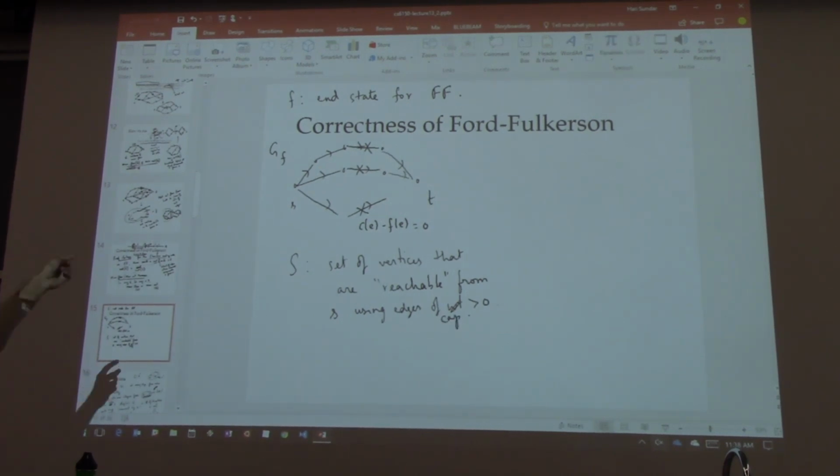So you have this residual graph, and I'm trying to draw a ball just the way I did before. I'm going to look at all the vertices that I can reach using edges of weight strictly bigger than 0.